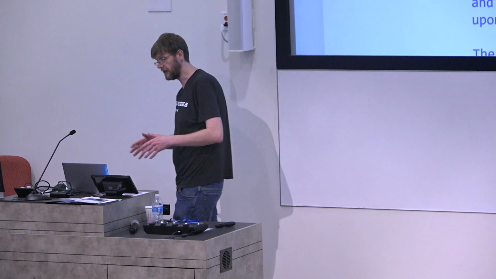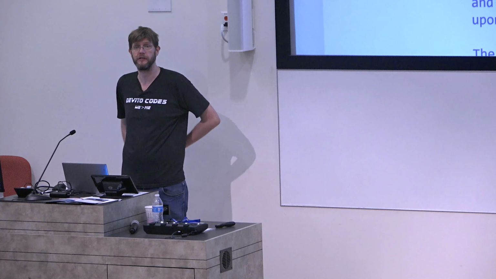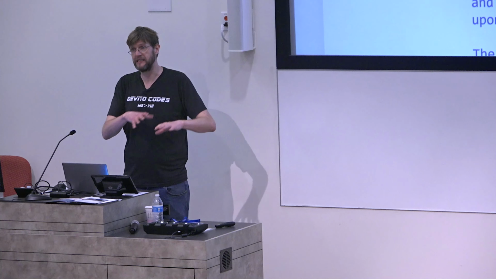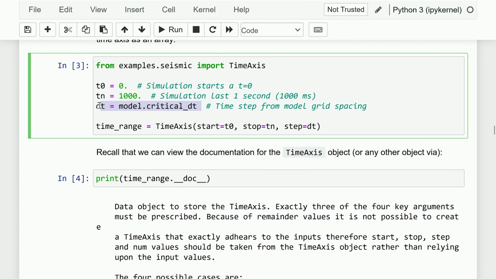It calculates it according to the highest velocities it sees in the model. This is just the standard stability criterion for the acoustic wave equation. But you can of course set dt to be as you wish. We're just calling this function here, but we could manually set this to choose it as we like.